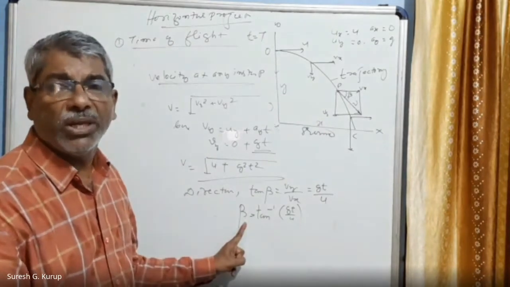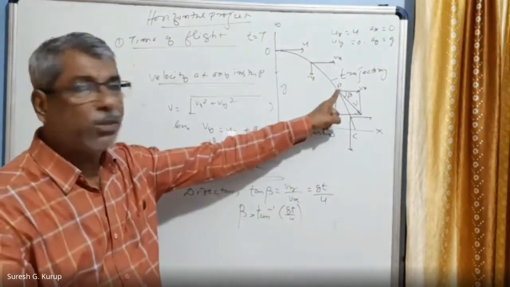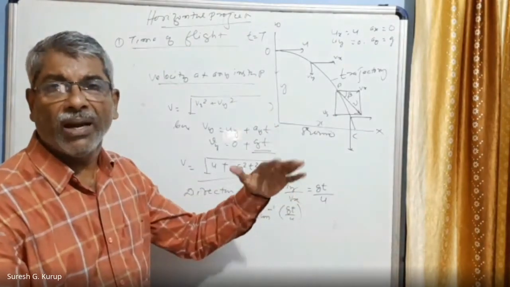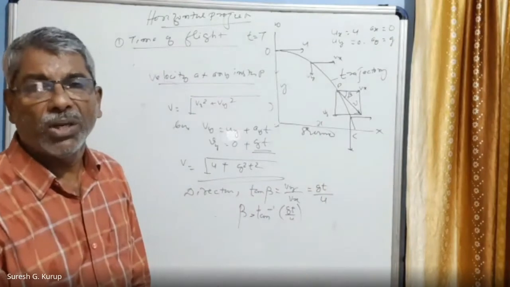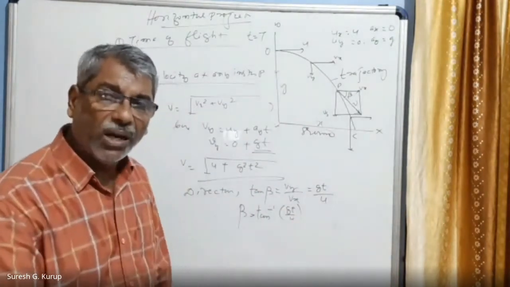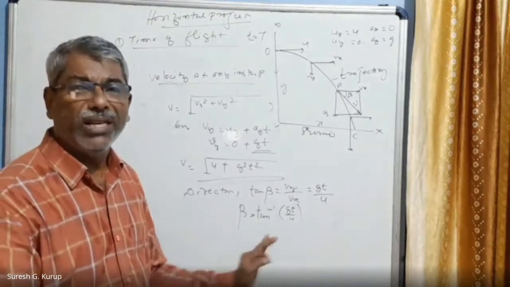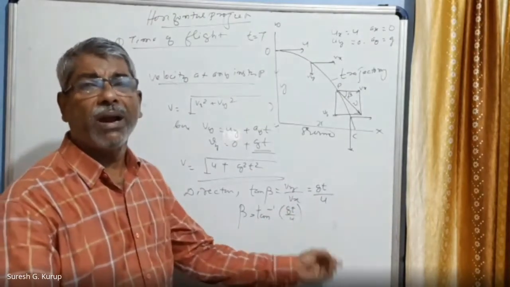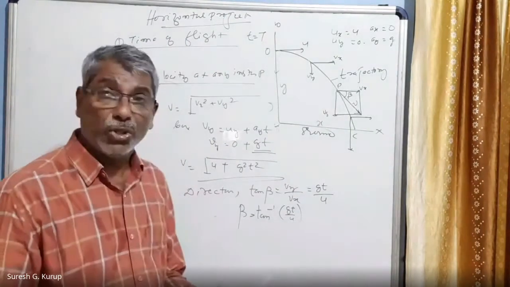So the direction can also be obtained. That means the total velocity at this point is at an angle beta with respect to the component of velocity along the x-axis, the horizontal direction. In that way, we can know the direction of the body at any instant on the trajectory of this horizontal projectile. So this is about horizontal projectile.